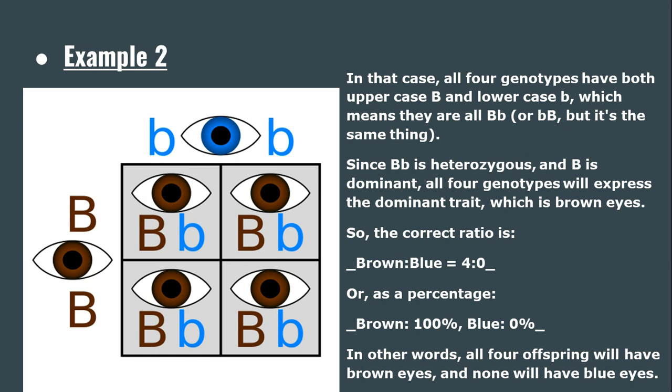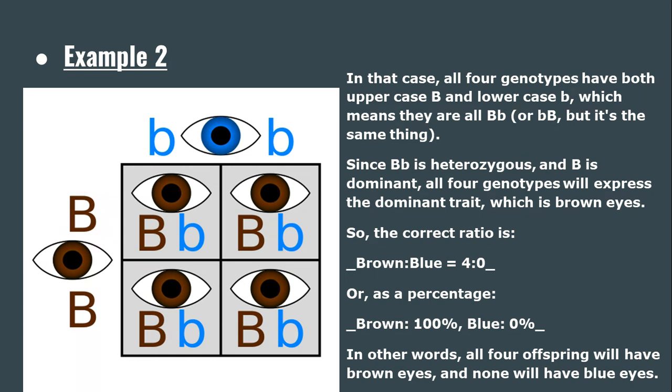If both are dominant, it will be homozygous, or if both are recessive, it will be homozygous. But since we have one dominant and one recessive, it will be heterozygous.